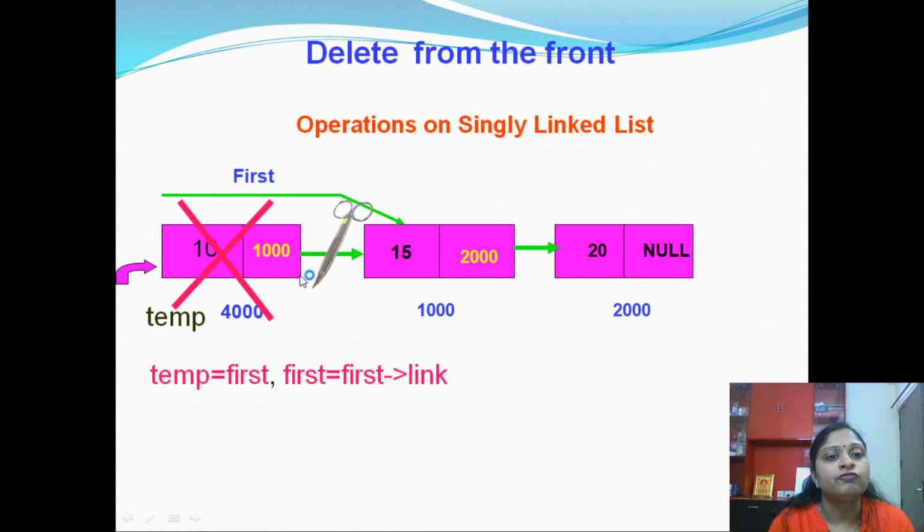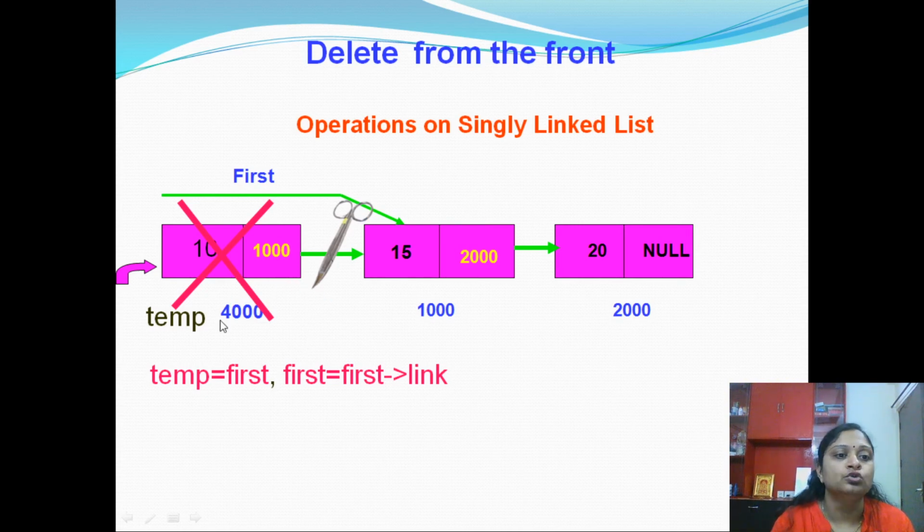First link is what? First link is nothing but the next, second node. So for the second node I am assigning the value first. Earlier this was first. Now by writing the statement first is equal to first link, I am assigning this node as first, and I am going to cut this node by using the free function.